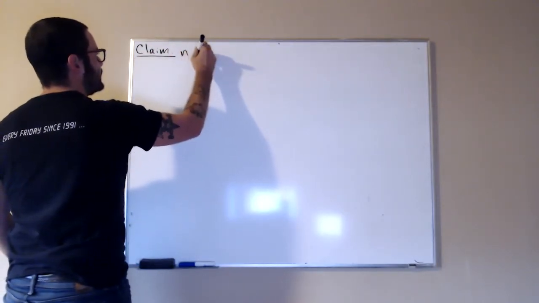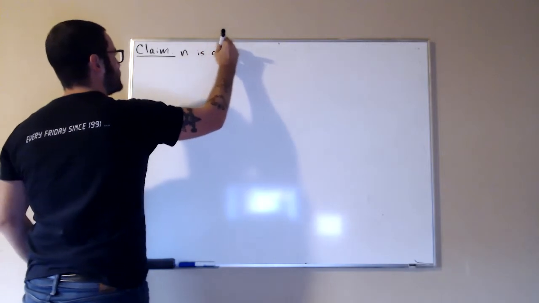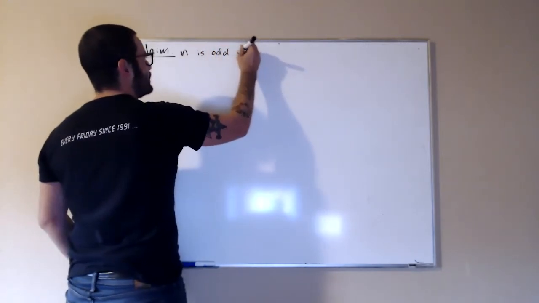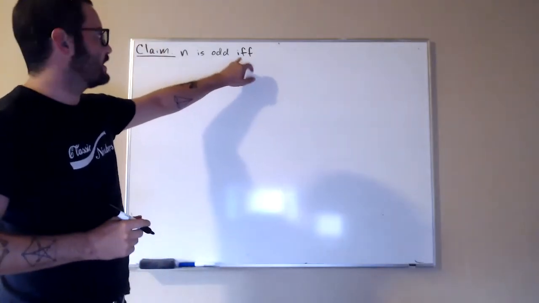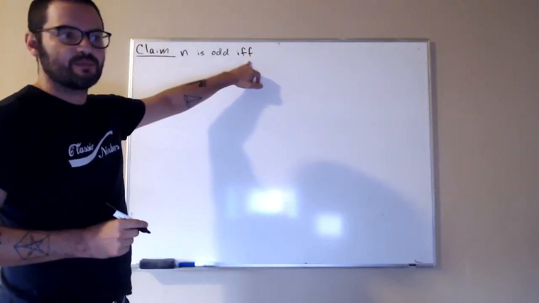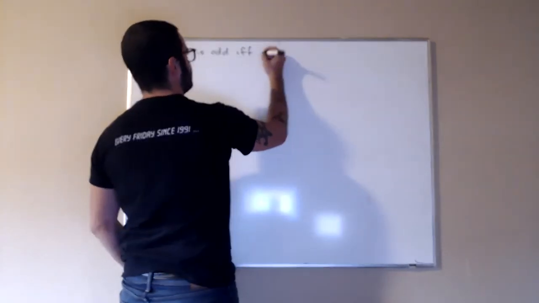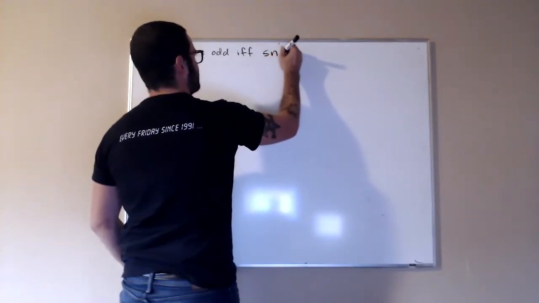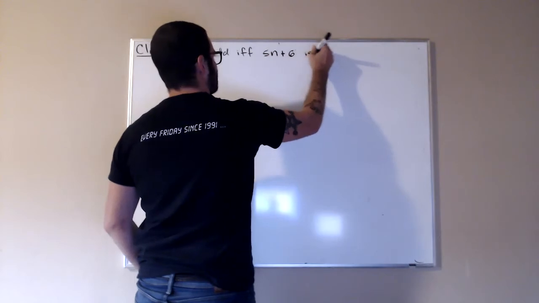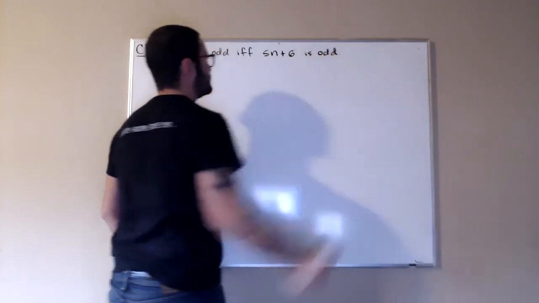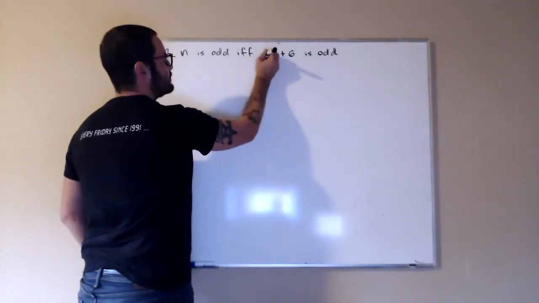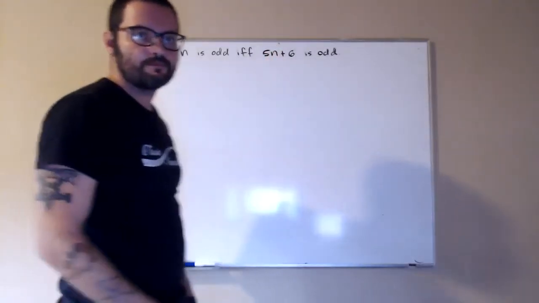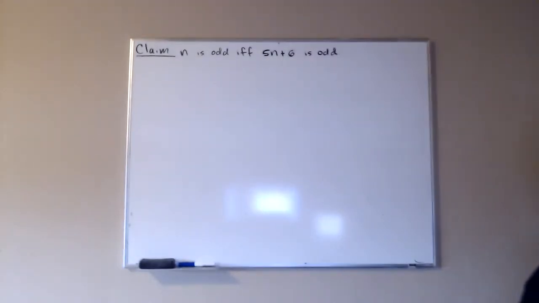Just say n is odd if and only if. If you ever see a mathematician write IFF, this is if and only if. It's the biconditional statement. If and only if 5n plus 6 is odd. So n is odd if and only if 5n plus 6 is odd.